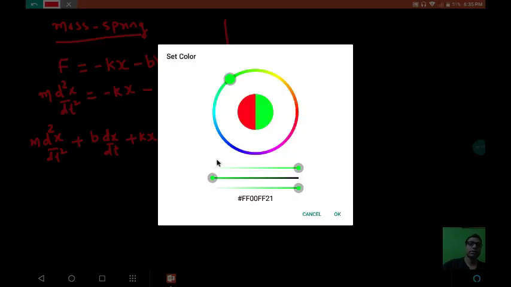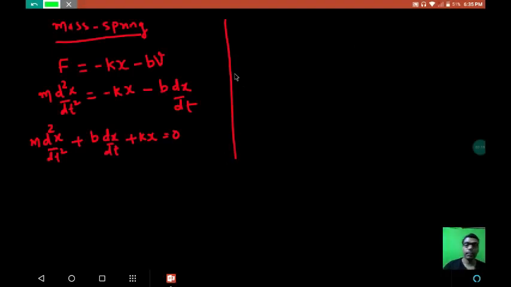Now coming to the LCR case. In the LCR case we can write L di by dt plus I into R plus, for the capacitor, Q by C, that is equal to 0.